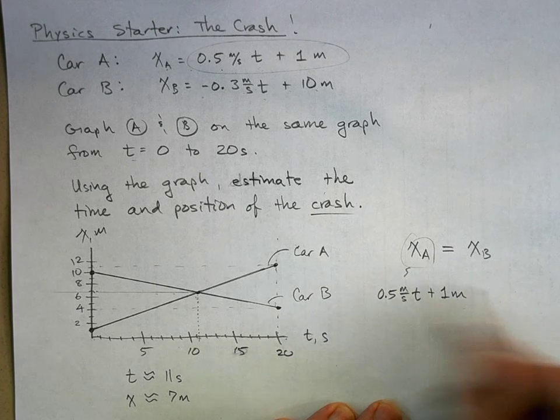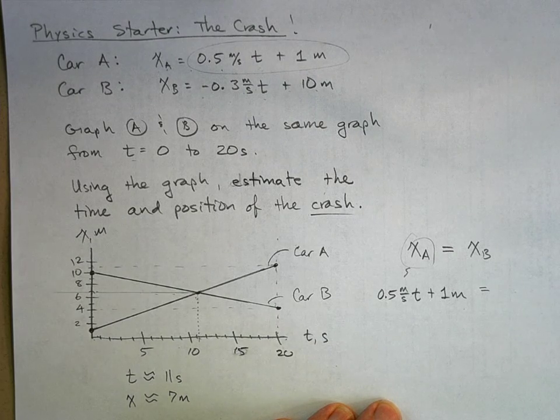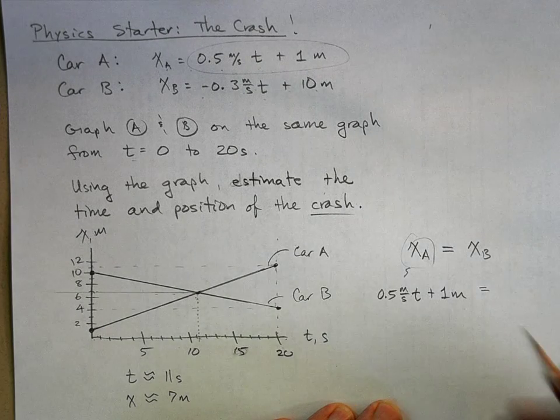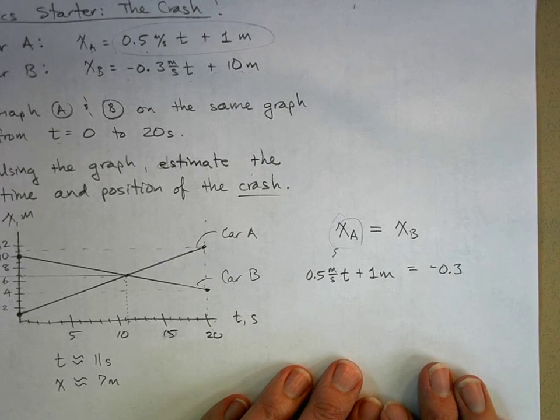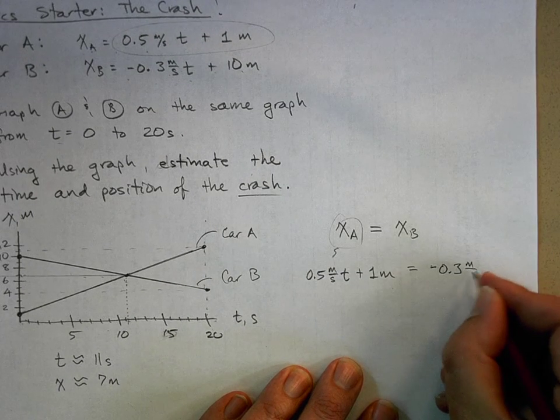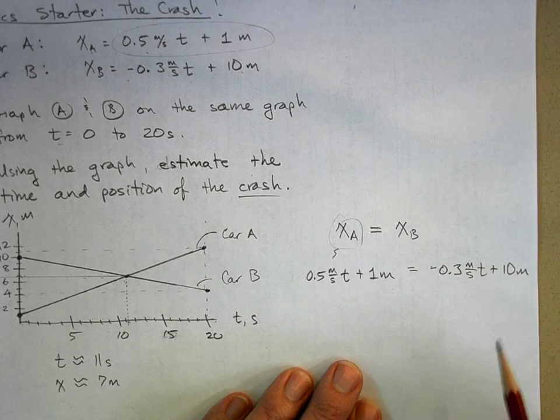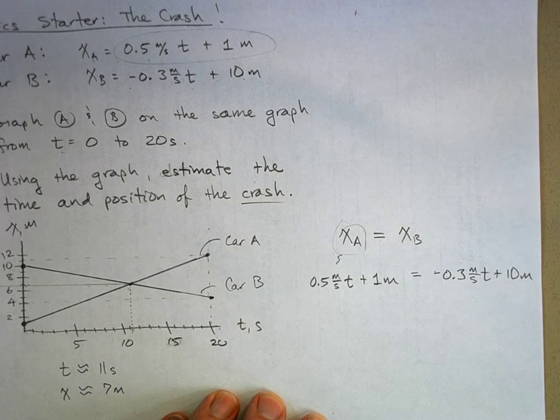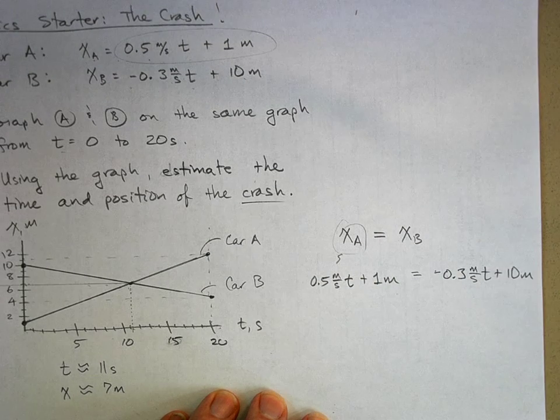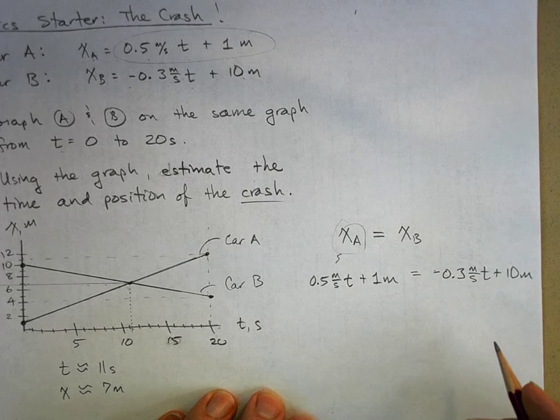So this gives me the position of car A. And in this case, at the moment it's colliding, it is at the same position as car B. So this has to be equal to this if this is true. Yes? Now all I need to do is solve for time.